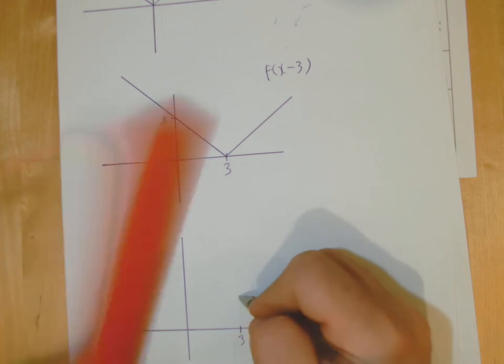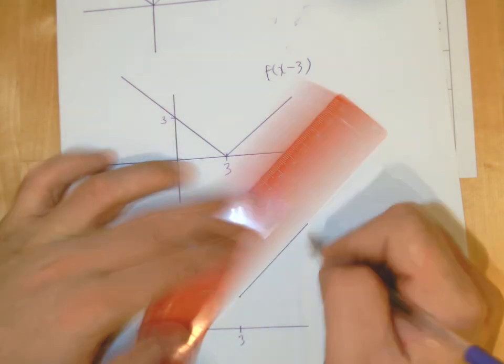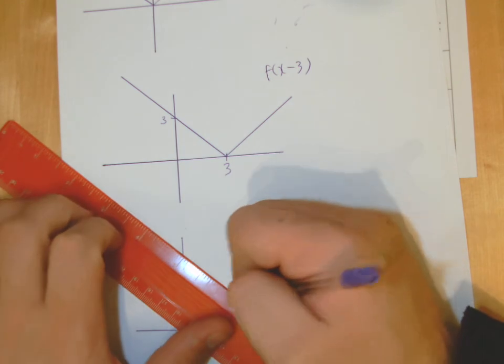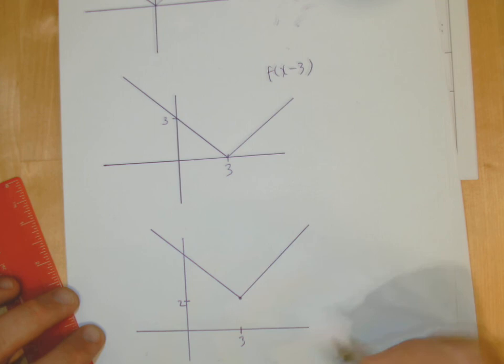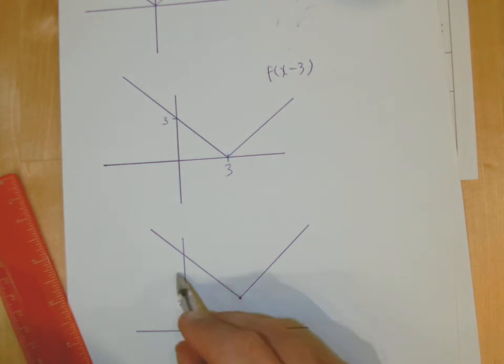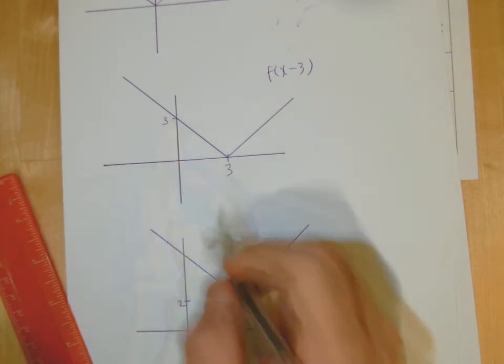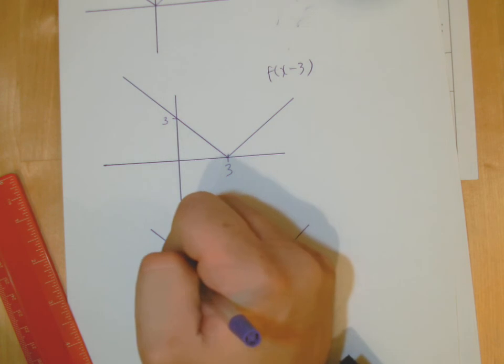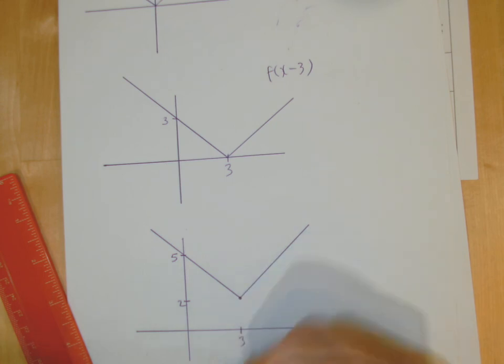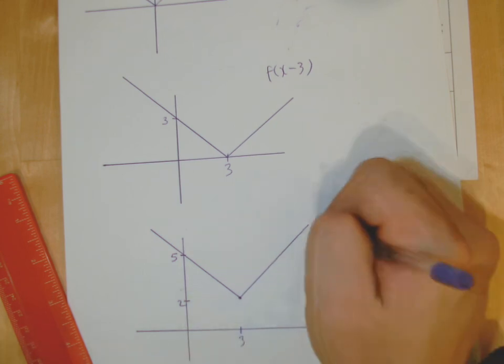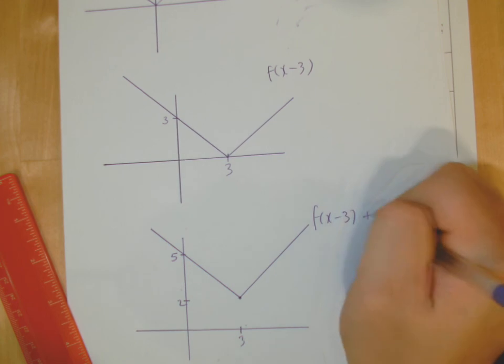So we're going to start here. So this point here is going to be 2. Just shifted up 2, but then of course where it crosses the y-axis at 3, that also gets shifted up 2, so we end up there at 5. So we've shown now where it crosses the y-axis, we've also shown the minimum point there, which is 3, 2, and this is your f of x minus 3 plus 2.